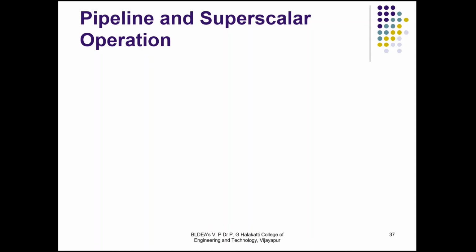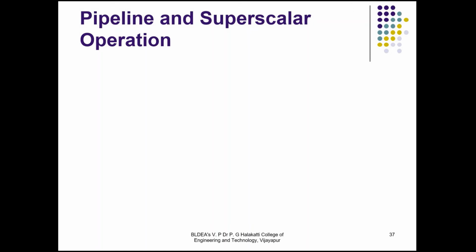For this purpose, the processor maintains what is known as an instruction queue. In a queue structure, instructions can be inserted from the head end and removed from the tail end. It is also known as a first in, first out structure.